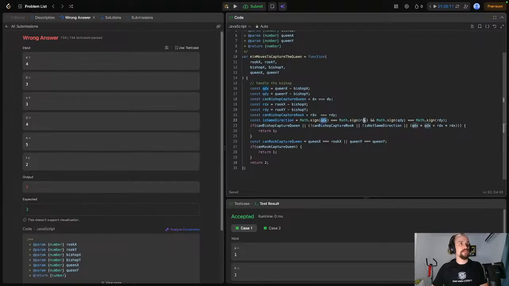Sign of QDX equals RDX. Sign of QDY equals RDY. So we can capture the queen if we can capture the queen, and we can't capture the rook, or the two pieces are not in the same direction, or the queen is closer than the rook. That is the logic.